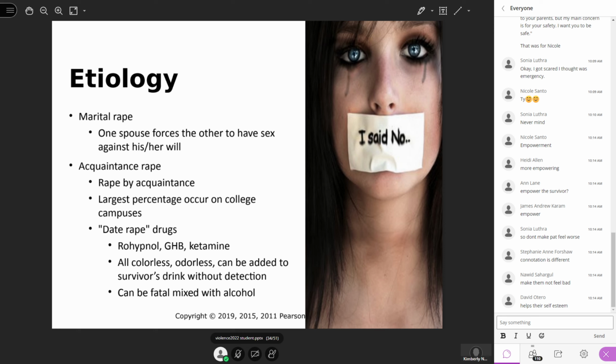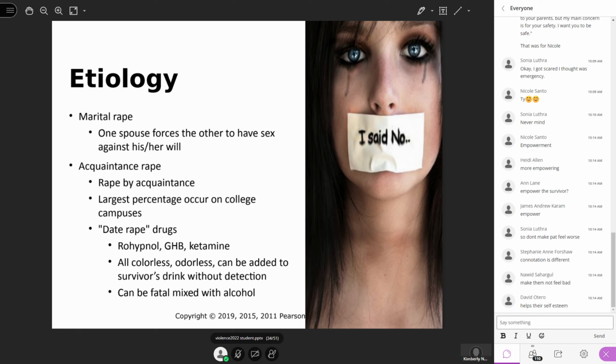All right. A lot of times you will see that people might use substances to hinder the person's ability to say no, or change their ability to consent to engaging in the act. All right.